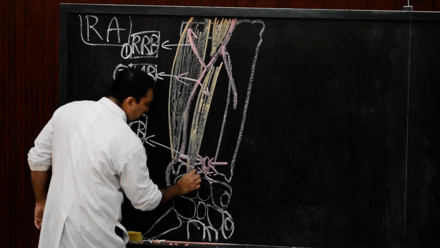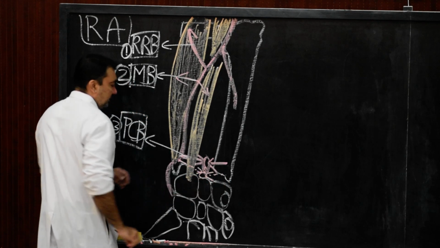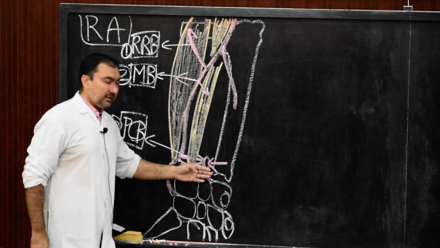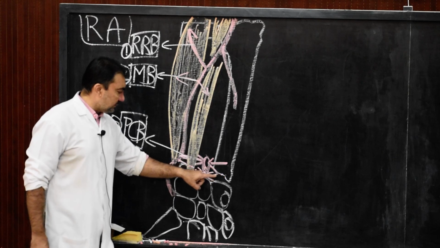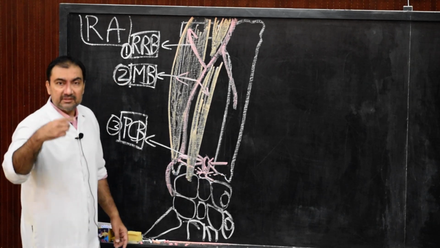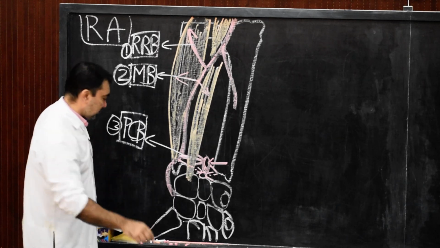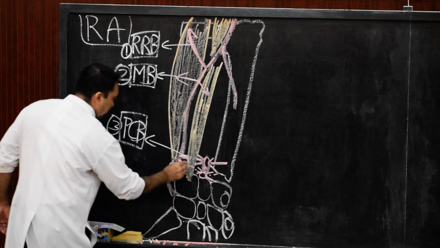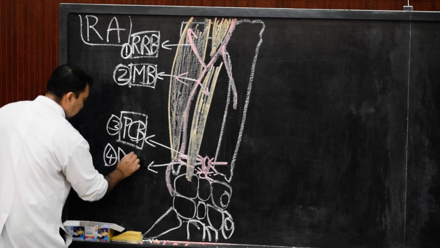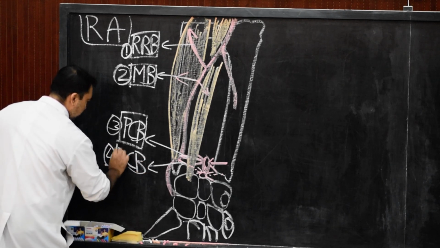Here I am drawing with dots. It will also traverse behind the extensor tendons towards the ulnar side, where it will meet a similar branch from the ulnar artery. So this branch is known as the dorsal carpal branch. Here I am going to write it as branch number 4, dorsal carpal branch.